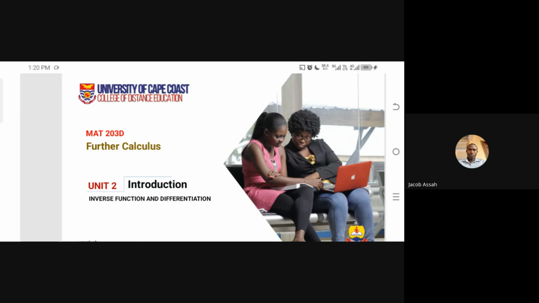So this slide we'll be looking at inverse and differentiation, and the goal of this lesson is to use differentiation techniques for solving problems involving inverse.